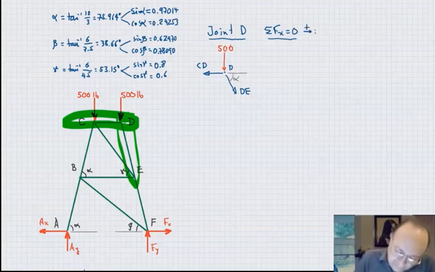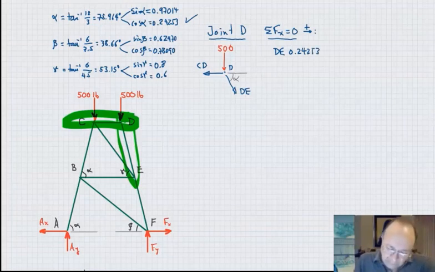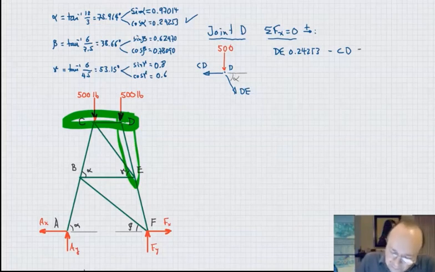And then I have DE cosine alpha. Cosine alpha, I already have it from here, 0.24253. Minus CD. No more forces, no more components in the x direction, so equals 0.